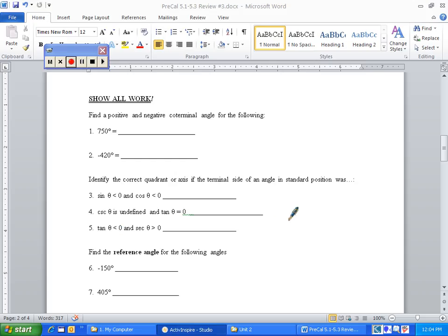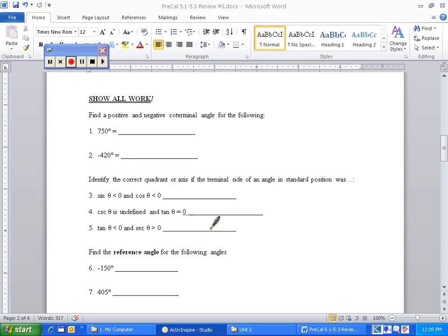I know that tangent is negative here in the second quadrant, and I also know that it's negative here in the fourth quadrant. So now I need to look at my x values. Here, my x value is negative, so that's not going to work. So that just means here, where my x value is positive, that will work. So this is where cosine is positive and tangent is negative. So the answer to this will be the fourth quadrant.